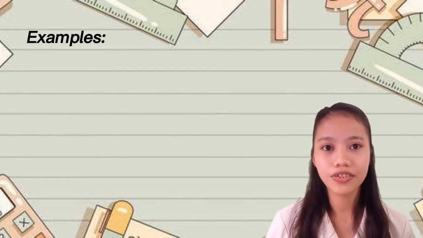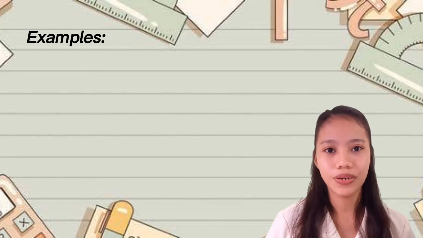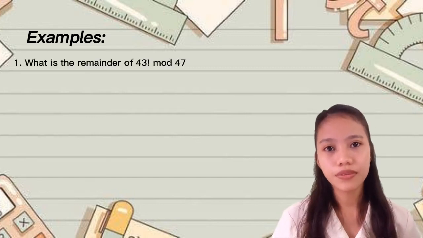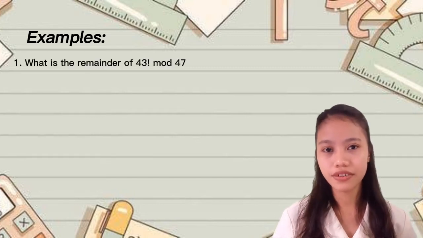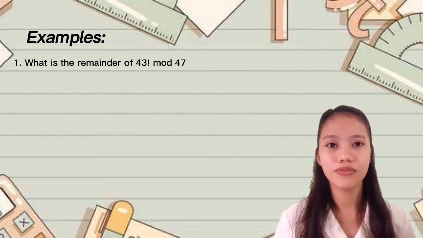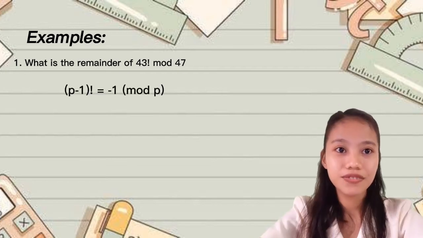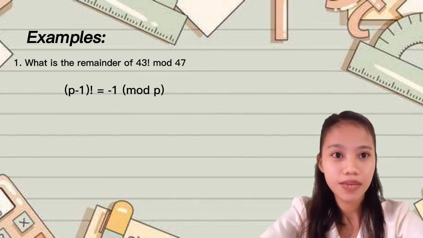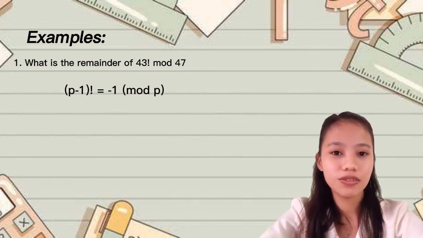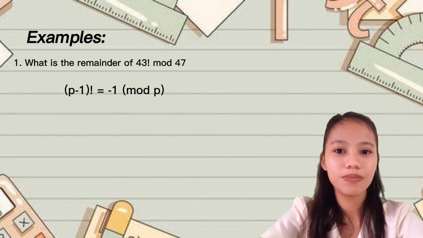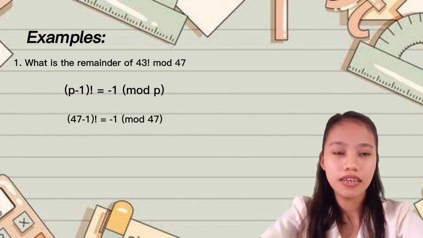And finally, we will now solve problems regarding this theorem. For problem number 1, what is the remainder of 43 factorial modulo 47? Let us first write our formula, which is (p minus 1) factorial is equal to negative 1 modulo p. Now, let's substitute our prime, which is 47.